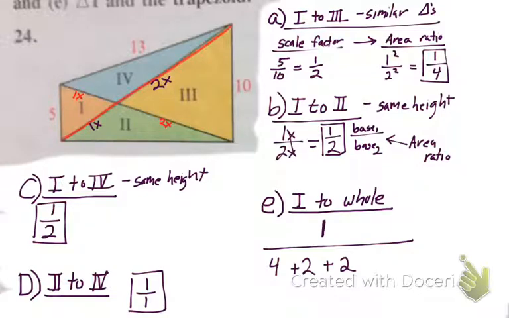So what's the ratio of this triangle to itself? 1 to 1. So if I have 4 sections here, I need to have 4 additions down here, because if I have 4 parts, I have to add all 4 parts together to make a whole, right? Currently, I'm just adding 3 things. That 4th thing is that 1 to 1 ratio, so we need to add a 1 to it. Is that a little more clear?